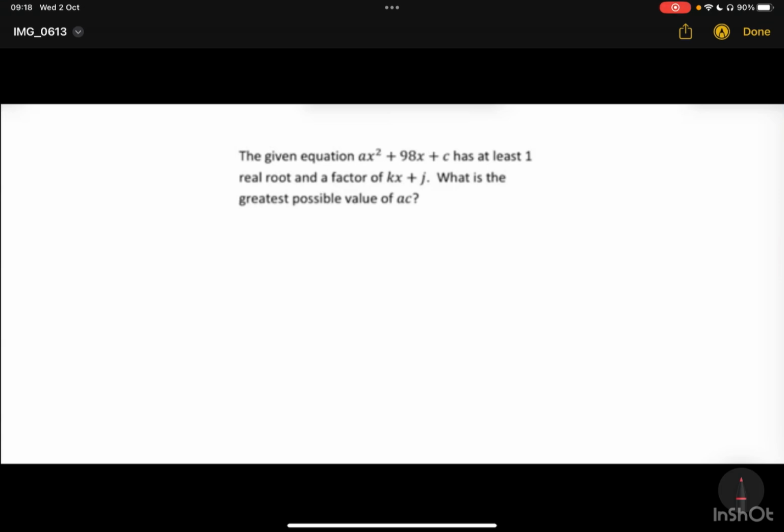So first, we'll have b squared minus 4ac. Having one real root means that b squared minus 4ac equals 0. Then this problem says at least one real root, so it's greater than or equal to 0.